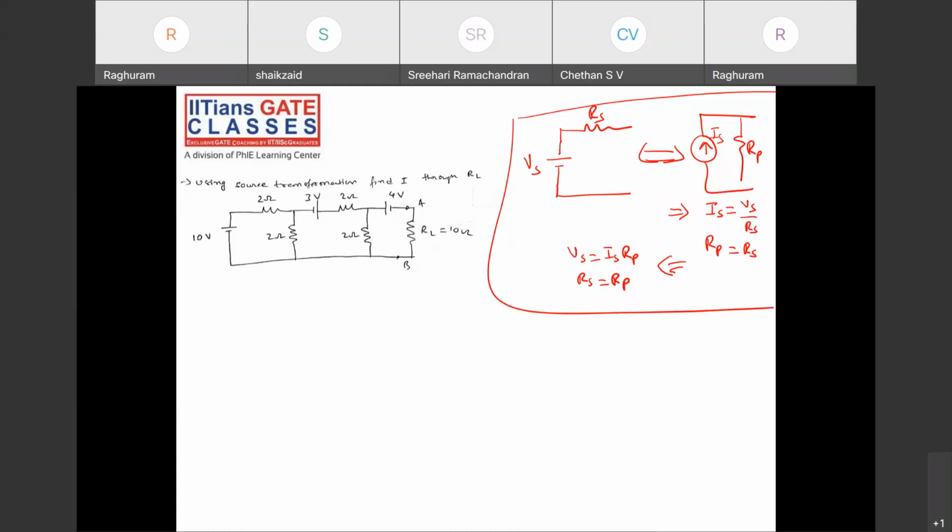You can do many other methods, but try to solve it using the source transformation technique. Any answers?